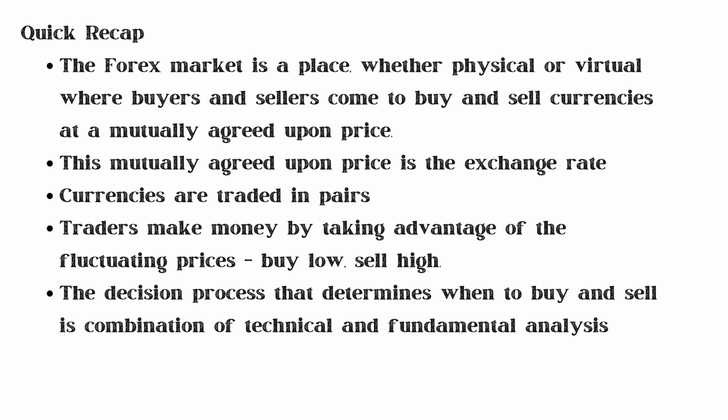We make money from the fluctuating prices. The prices are never constant. We buy low and we sell high. And we also determine when to buy and when to sell, what to buy and what to sell, by using a combination of technical analysis and fundamental analysis.